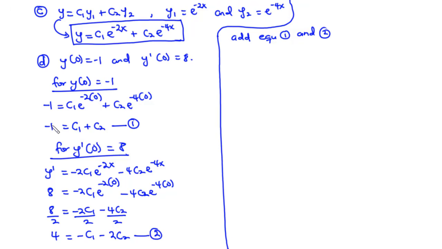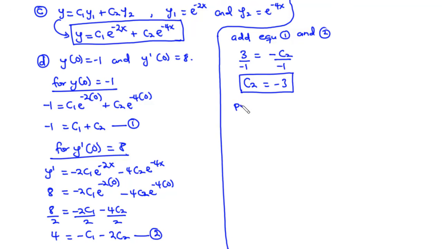So negative 1 plus 4 is equal to 3. So 3 equals C1 plus negative C1 goes to 0. C2 plus negative 2C2 becomes negative C2. So we divide through by negative 1, and we have C2 equal to negative 3. That is the value of C2.